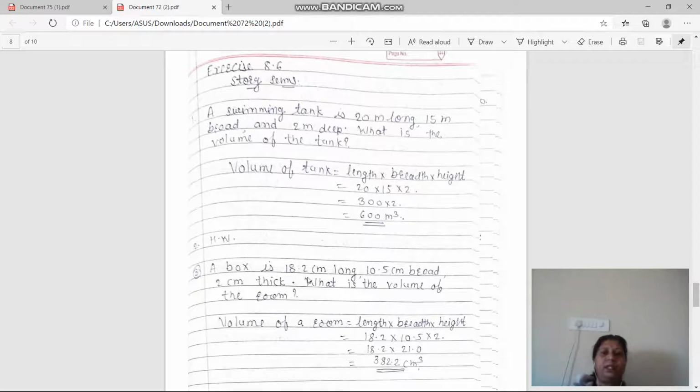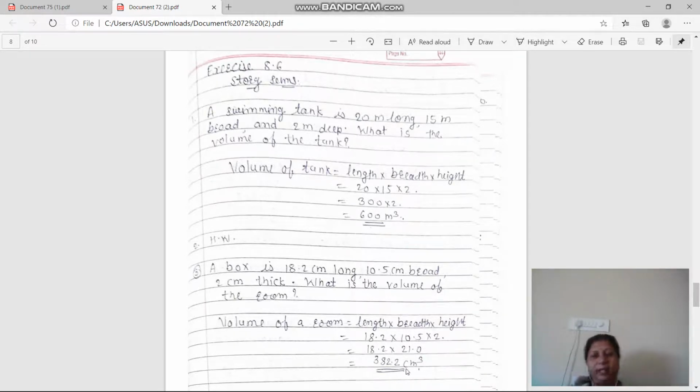Then a box is 18.2 centimeters long, 12.5 centimeters broad, 2 centimeters thick. What is the volume of the box? Again, the box is in cuboid shape, so you have to use the same formula, length into breadth into height. So 18.2 multiplied by 10.2 multiplied by 2. Then we get 18.2 multiplied by 21.0.